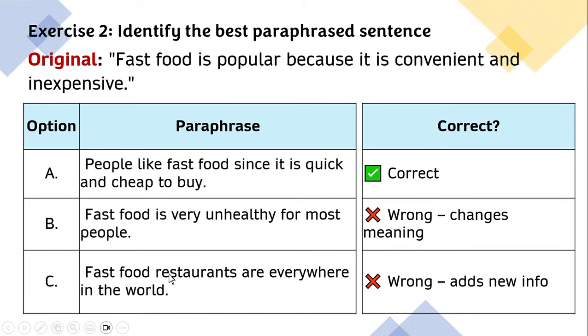And the last one, fast food restaurants are everywhere in the world. In this sentence, it doesn't tell us anything about restaurants. So here we added some information which is not correct. So adding, deleting, or changing are not acceptable when we paraphrase something.